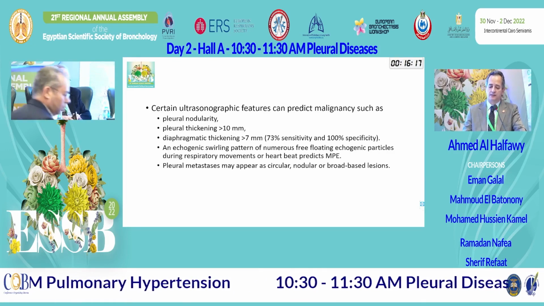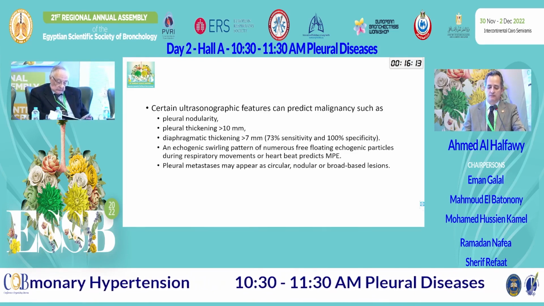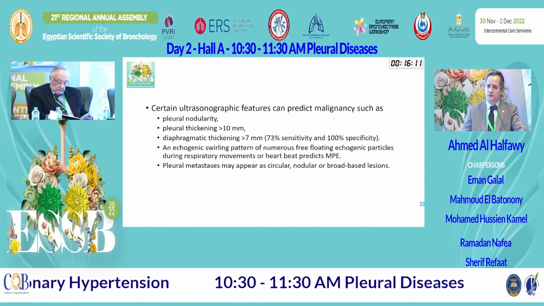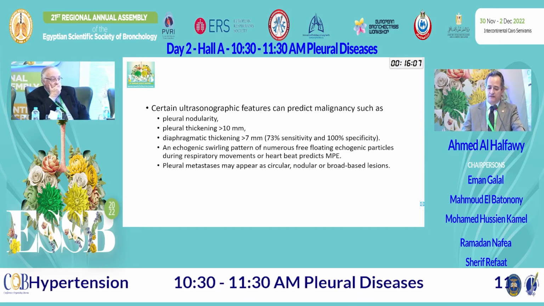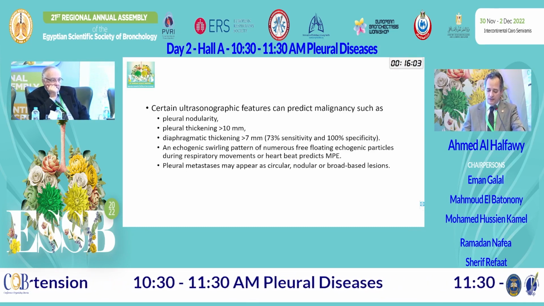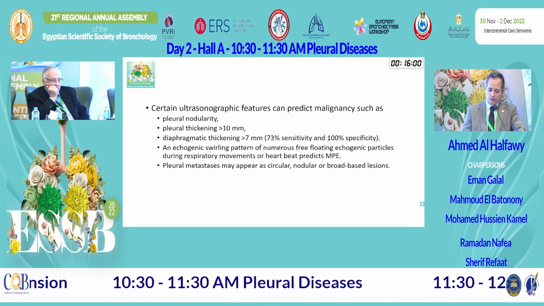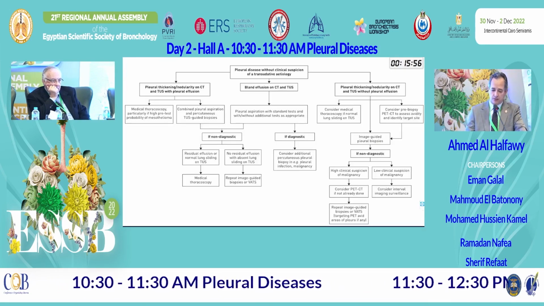From the examination, we can look at some points that may predict malignancy, like pleural nodularity, a thick pleura of more than 10 millimeters, a thick diaphragm, echogenic swirling patterns in the effusion, and we can also detect small pleural metastases as circular nodular pleural-based lesions.